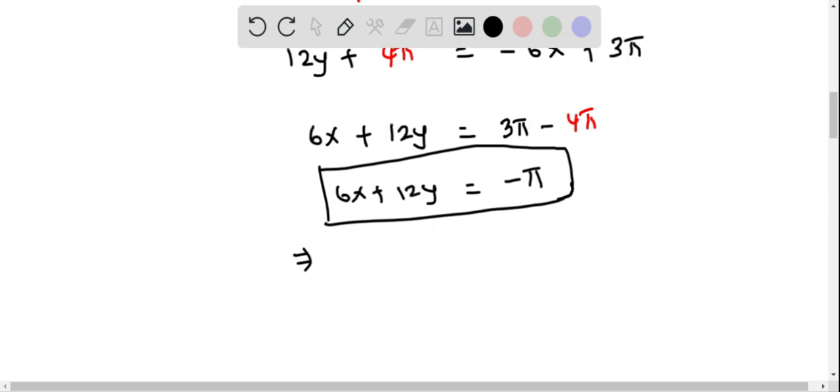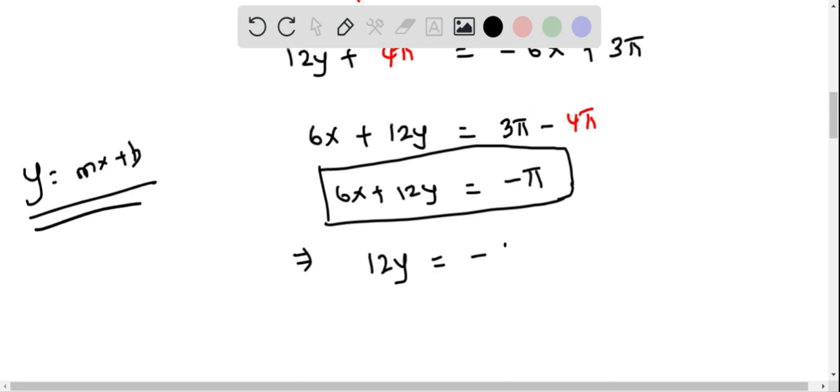If we want to write this in terms of y, we write this as 12y equals negative pi negative 6x, or in fact I can put this 6x in front. So I put this negative 6x. If you want to write this in the form y equals mx plus b, you can put negative 6x negative pi.